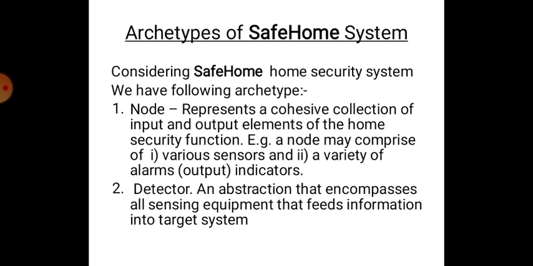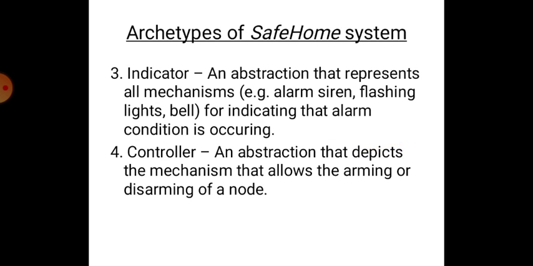Point number 2, detector. A detector is an abstraction that encompasses all sensing equipment that feeds information into the target system. Students, detectors are information providers to the home security system. Indicator. An indicator is an abstraction that represents all mechanisms, for example, alarm siren, flashing lights, bell, for indicating that an alarm condition is occurring.